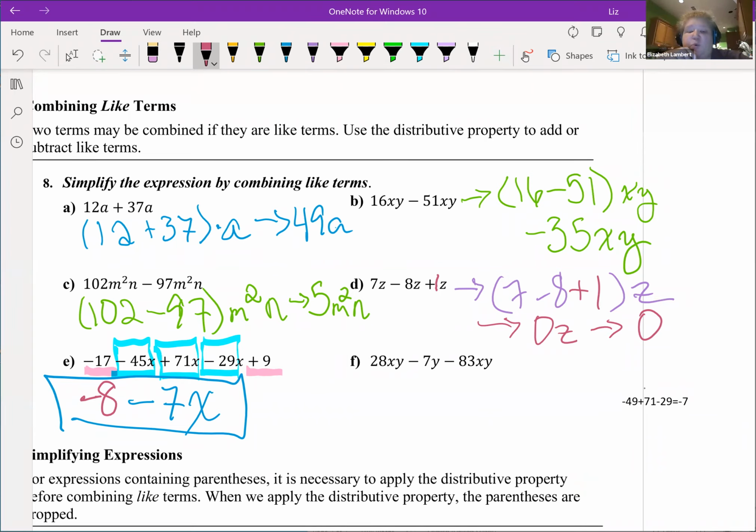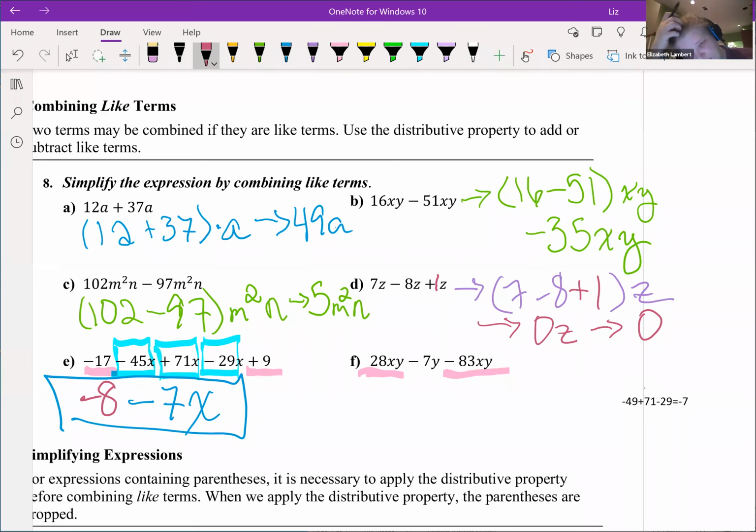So here, I've got 28 xy's minus 7 just y's minus 83 xy's. So 2 of those are like terms, 1 of them is not. So the unlike term, we're just going to get in our answer. It has nothing else to combine with. But our like terms here, the negative 28xy's minus 83xy's, those can be combined.